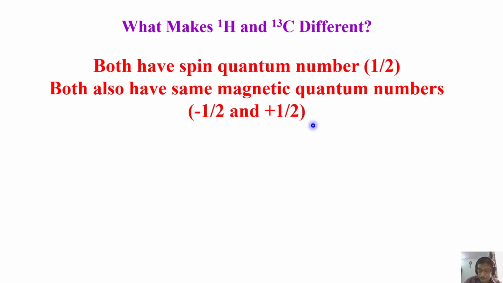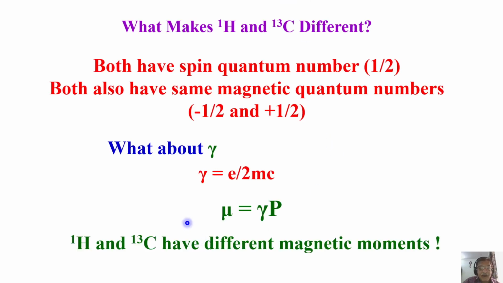I said mu z is different for different nuclei. That is because, remember, gamma is different due to mass. As a consequence, mu is different. That's what makes proton and carbon different, because of their masses. So although the two nuclei, proton and carbon, have the same spin quantum number and the same magnetic quantum number, the gammas are different, consequent to different masses.